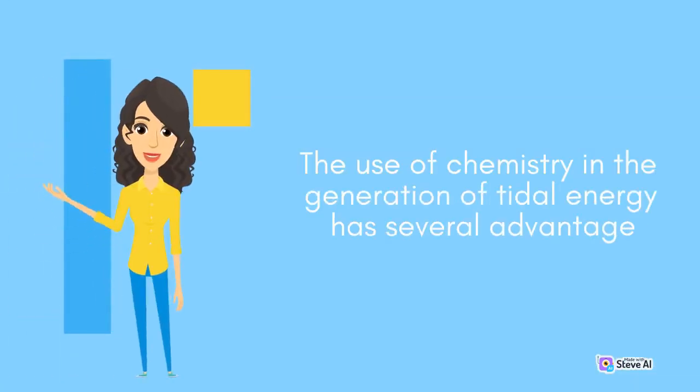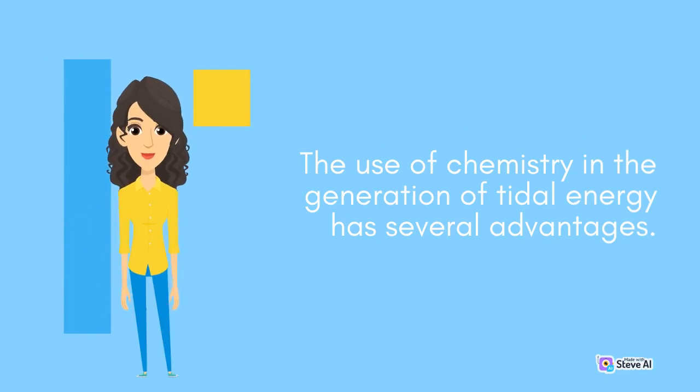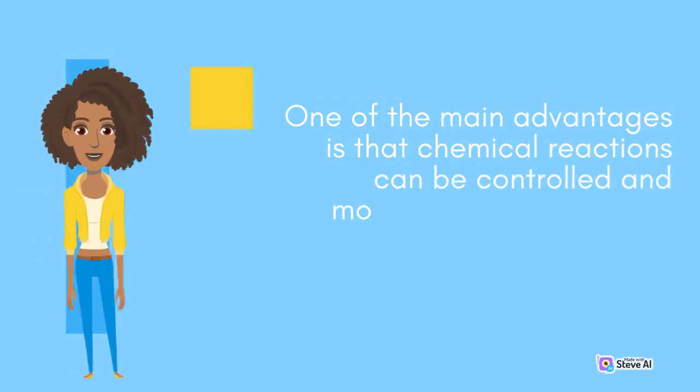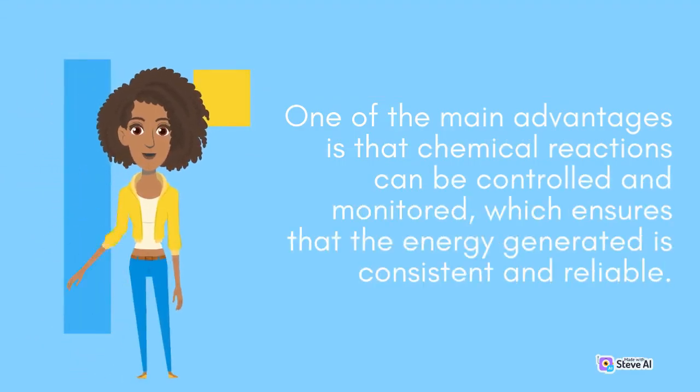The use of chemistry in the generation of tidal energy has several advantages. One of the main advantages is that chemical reactions can be controlled and monitored, which ensures that the energy generated is consistent and reliable.